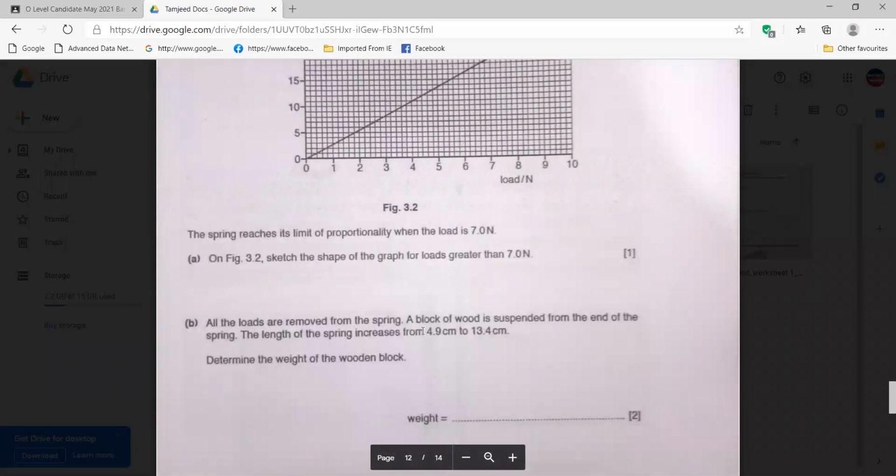So here, how much is the extension? From 4.9 to 13.4. Subtract, get the extension x. How much? 8.5 centimeter. So where is your 8.5 here?